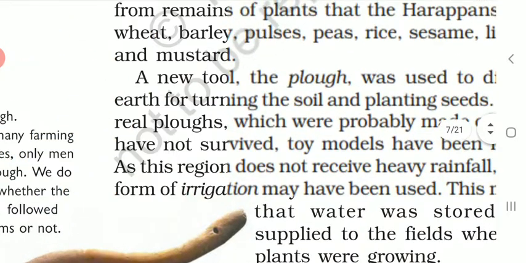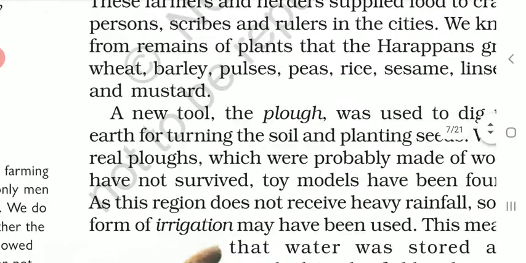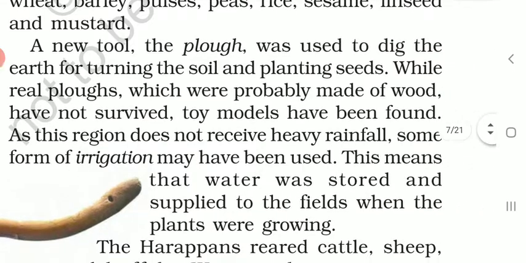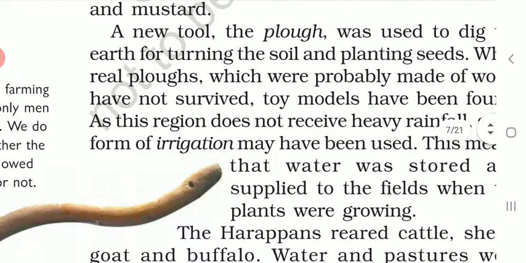So here we are seeing a very important thing, that different kinds of tools were used in agriculture, but at that time the plow was used to dig the earth for turning the soil and planting seeds. You know very well today also the farmers use the plow, the tractor plow and all that.